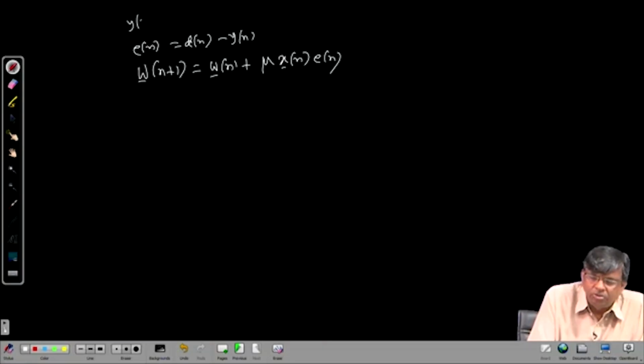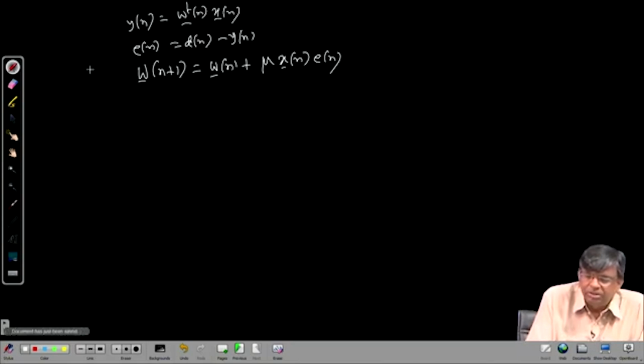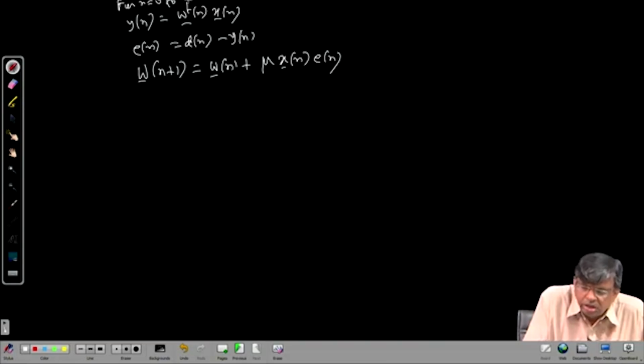The filter output uses the filter coefficients here and the input vector. You can write it this way, and this will continue for n equal to 0 to end.